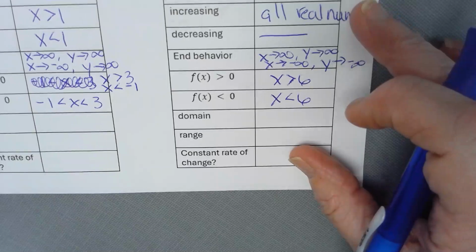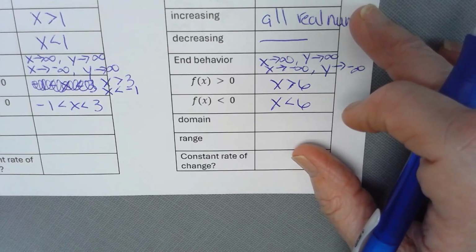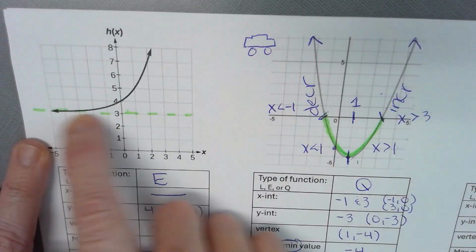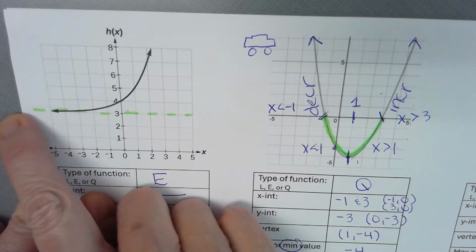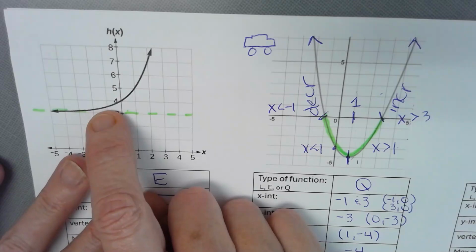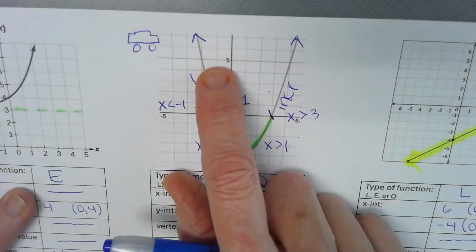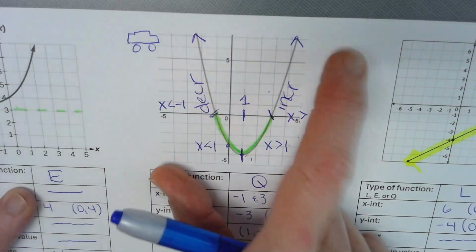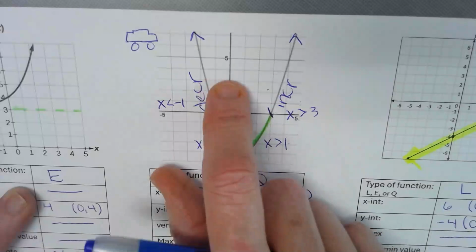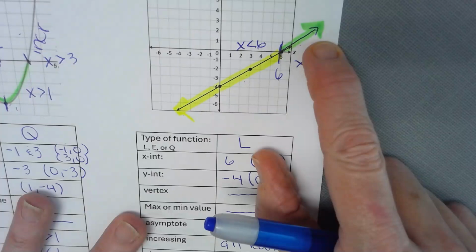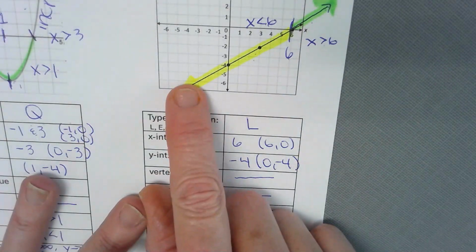Okay, something to take note of. The domain. The x values that are found on this curve, they go from -infinity to +infinity. The domain is all reals. It's going to go as far as it can this way, as far as it can this way. The domain here is all real numbers. Goes as far as it can to the right, it goes as far as it can to the left.